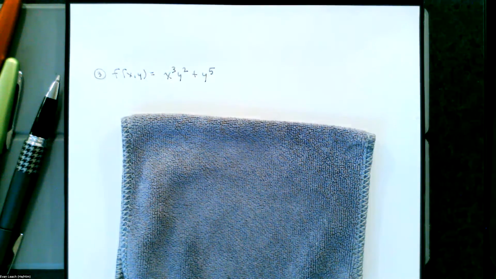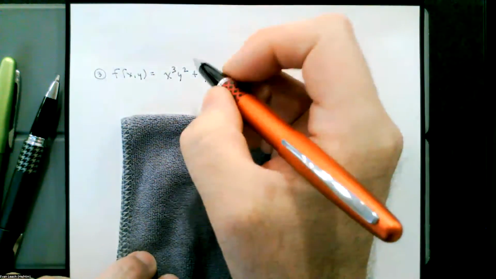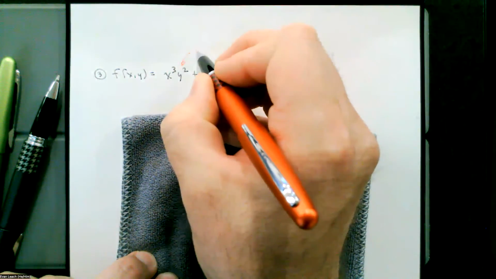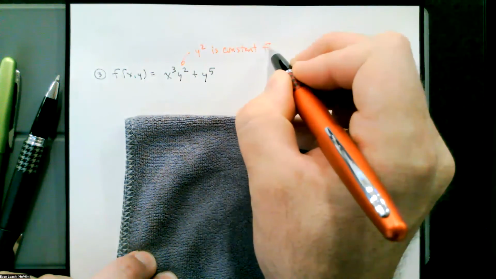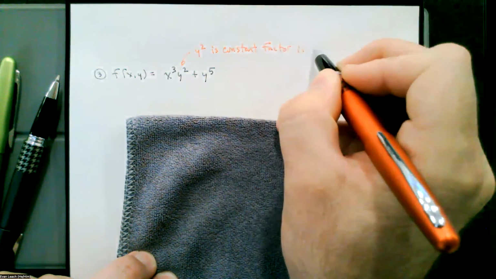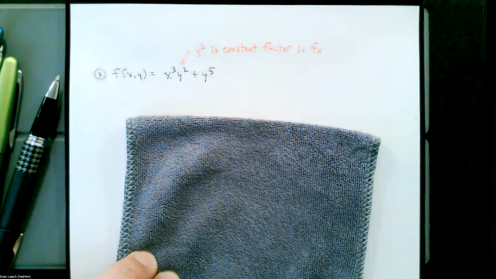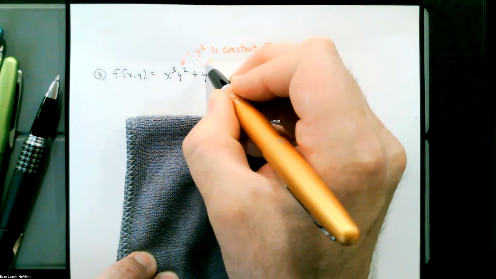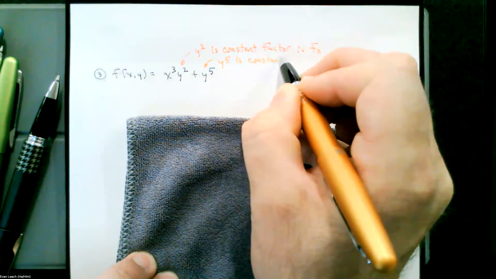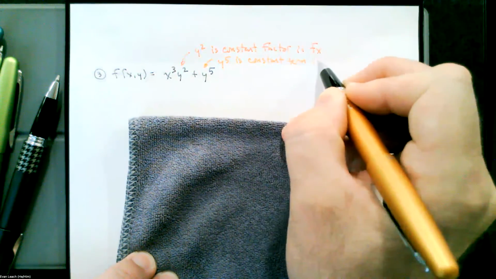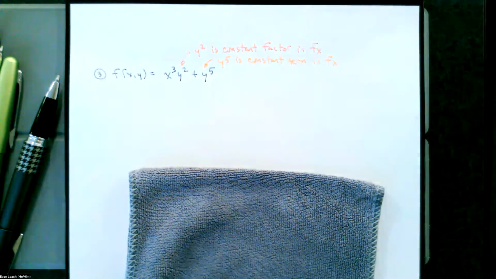So when we're thinking in terms of fx, y squared is a constant factor in fx, but y to the fifth is a constant term. So I have a combination of the previous two for fx here.